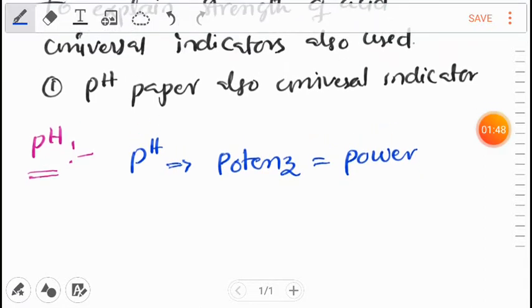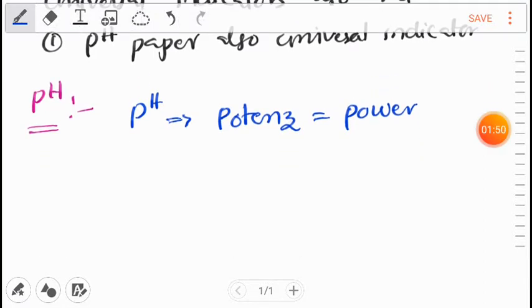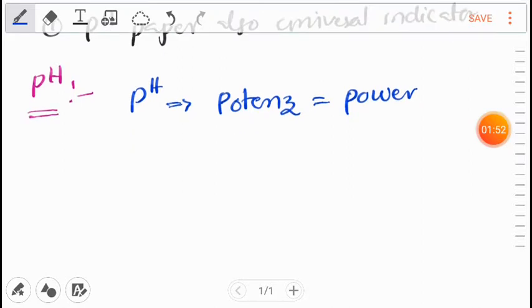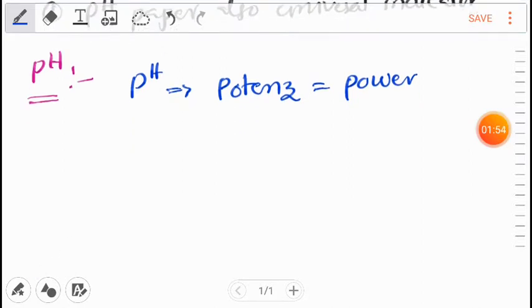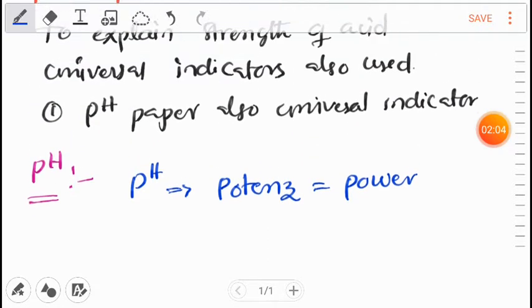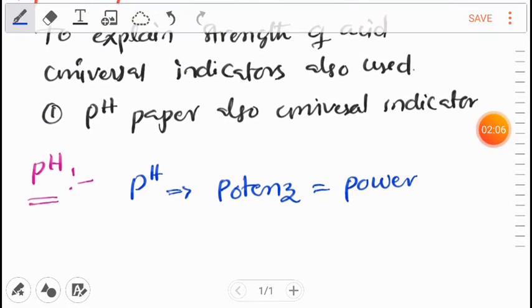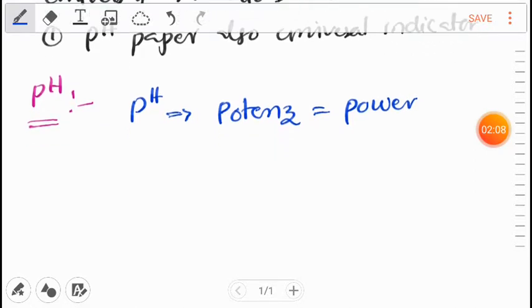We can explain the power of the acid based on this pH paper. It is a paper like litmus paper, and for different pH values it gives different colors. We will see that experiment first and then we can explain this.